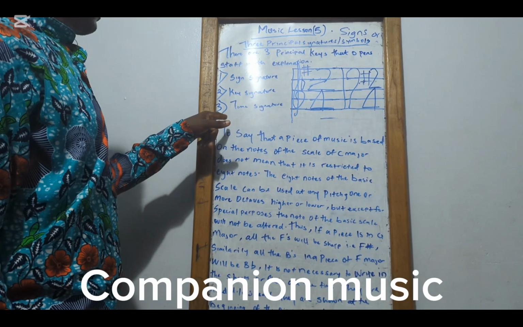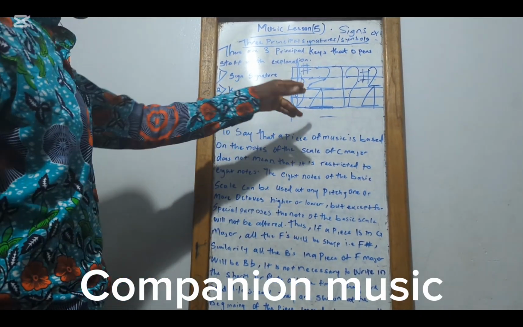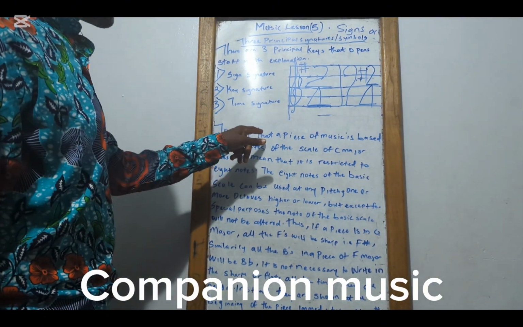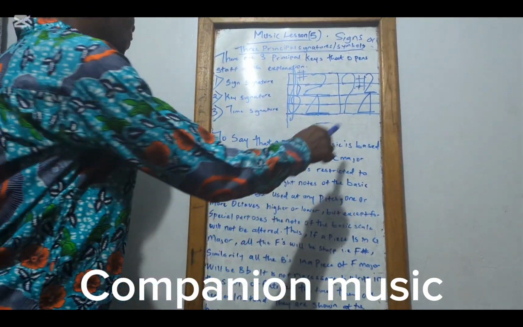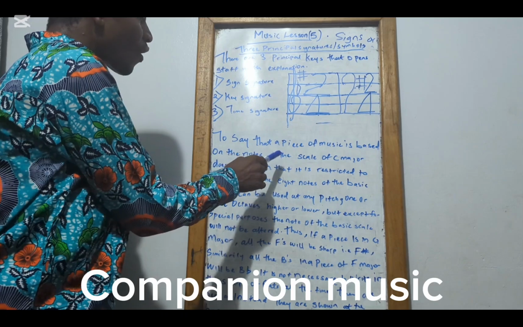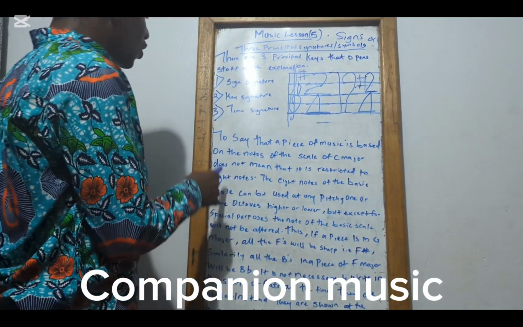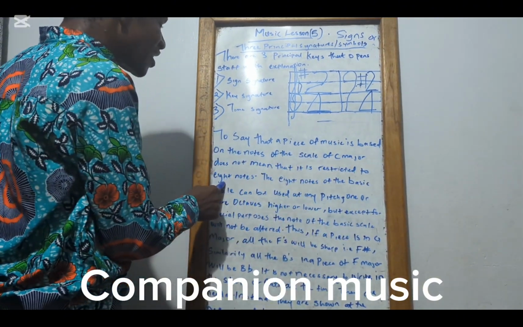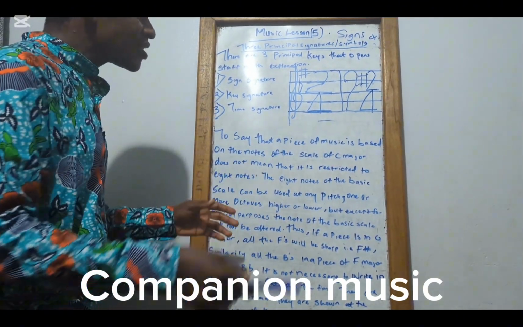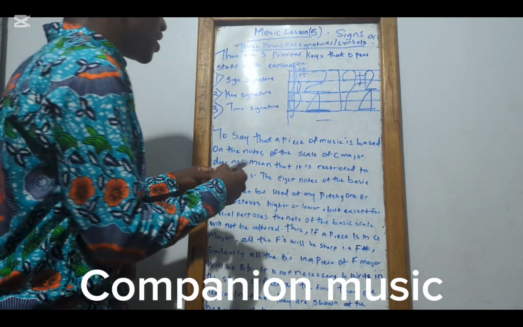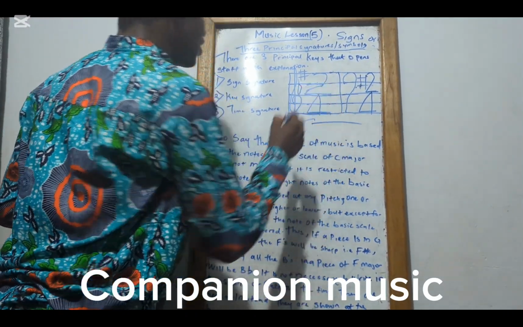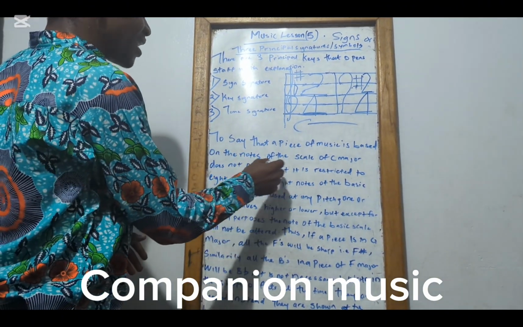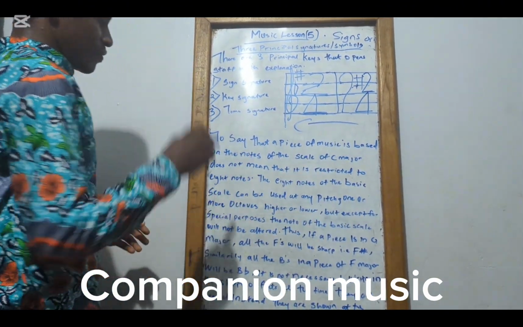Now, on the explanation of the key signature: to say that a piece of music is based on the notes of the scale of C major does not mean that it is restricted to 8 notes. When we say that a piece of music is based on C major, which is the natural key, it does not mean that it is restricted to 8 notes.